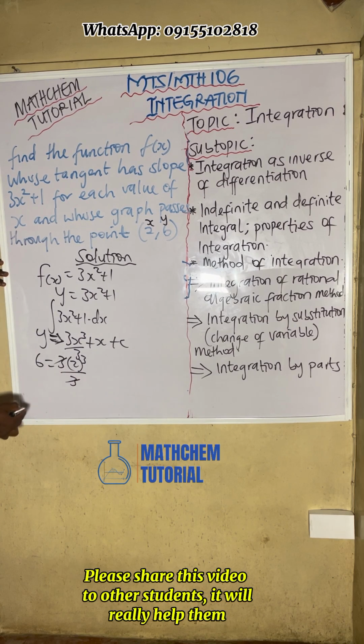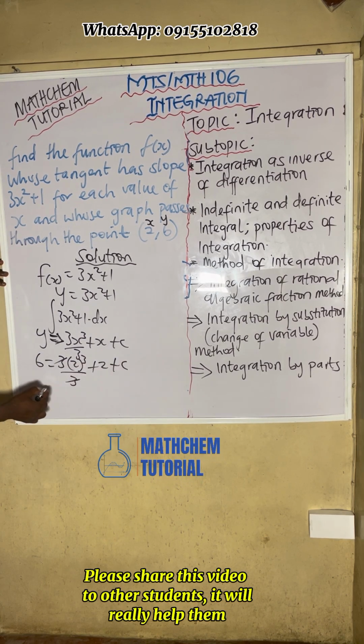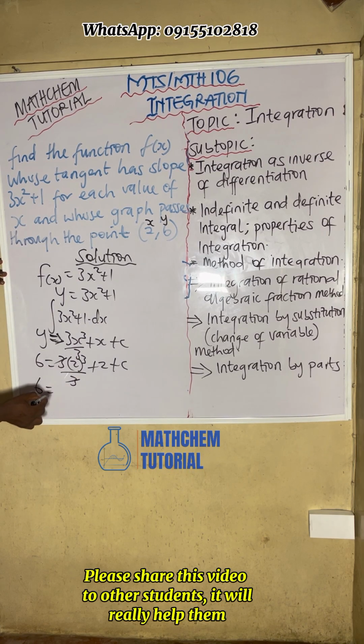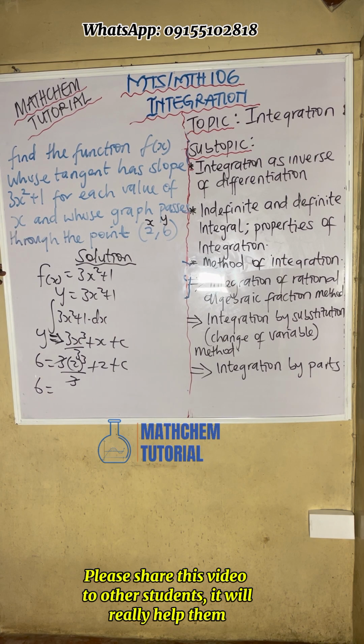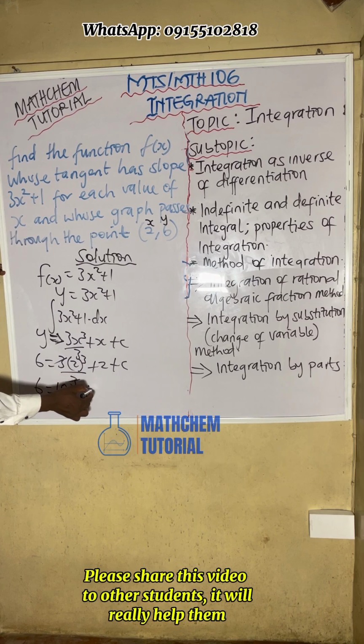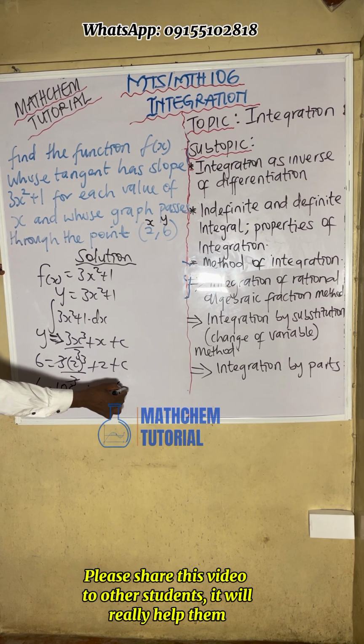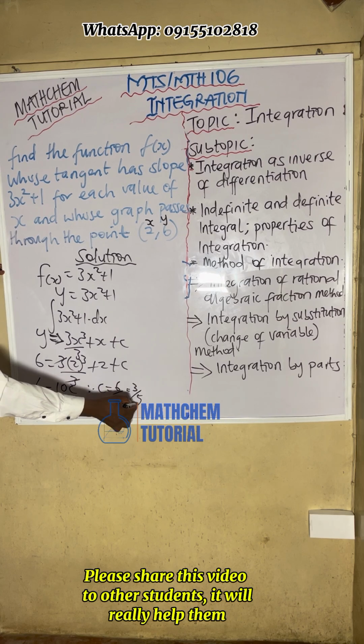This 3 can cancel this 3, plus 2 plus c. So we have 6 equals 8 plus 2, that is 10. 2 power 3 is 8, plus 2, that's 10, so 10c. And finally, our c equals 6 over 10, and that is 3 over 5.